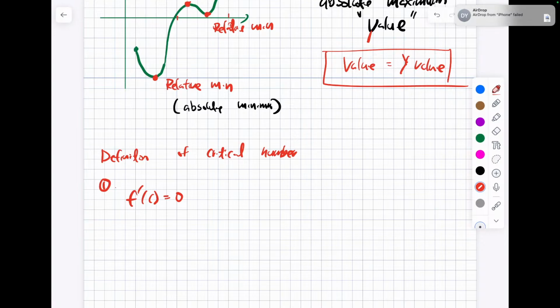The second definition is f prime of c is undefined. You're like, wait, what do you mean by undefined? Because that can also be another definition of a critical number. But this definition happens very rarely.